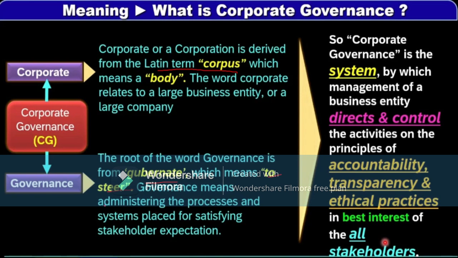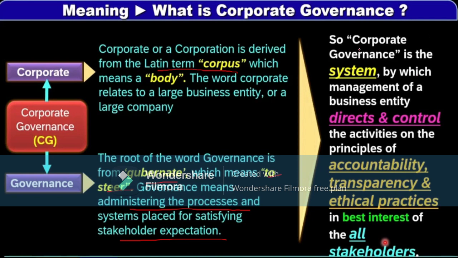Governance means administering the processes and systems placed for satisfying stakeholders' expectations. The management and the board of directors all play an important role. Administration is done properly. Why? To safeguard the interest of stakeholders' expectations.